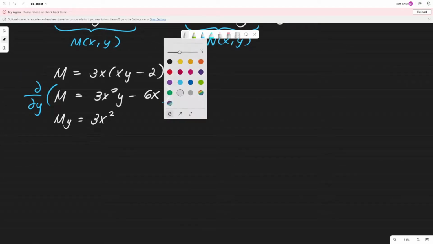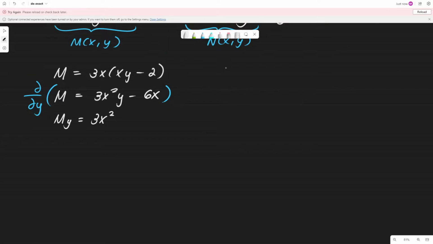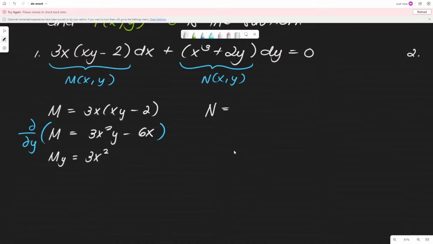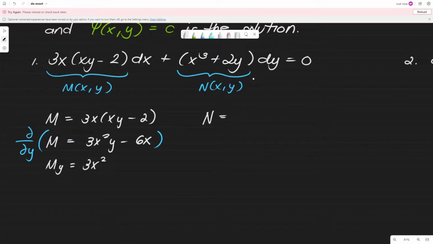Next, we have N. What's the value of our N? Looking at what we grouped, we have x cubed plus 2y. Then let us get the partial derivative in respect to x this time, since earlier we did partial y.